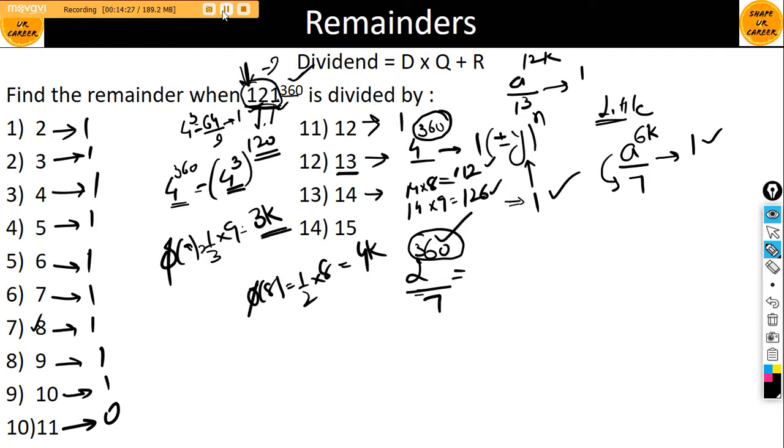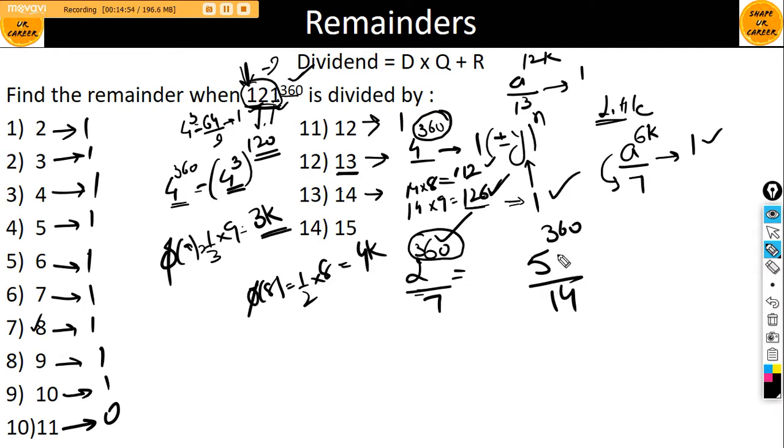We just need to pick that value which is closer to 121. So 126 is closer to 121 as compared to 112. So better is to go with 126. So I can say 121 divided by 14, remainder is minus 5, because 126 is the closest multiple. Power being even, negative sign will be eliminated. So it results in 5 raised to power 360 divided by 14.